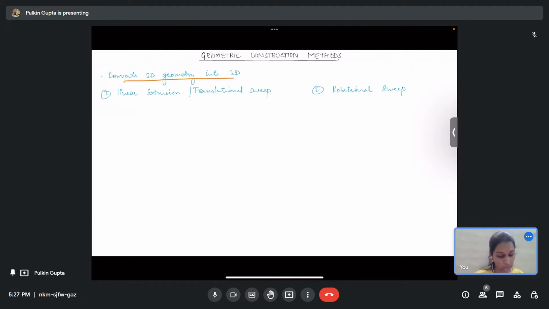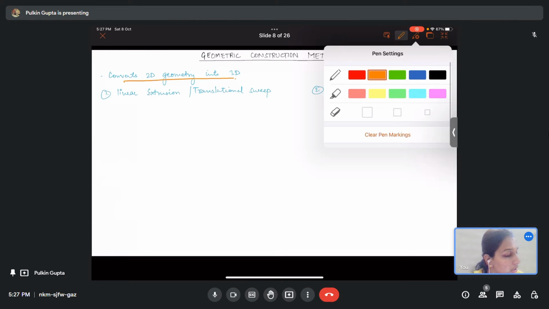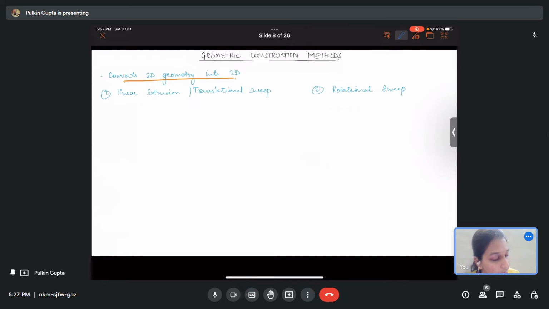Okay. So in linear extrusion or translation sweep, the baseline for both of these methods is that we have a 2D geometry. For example, let us take a 2D geometry consisting of two different rectangles like this.